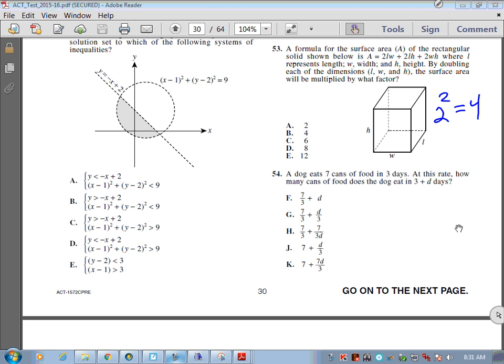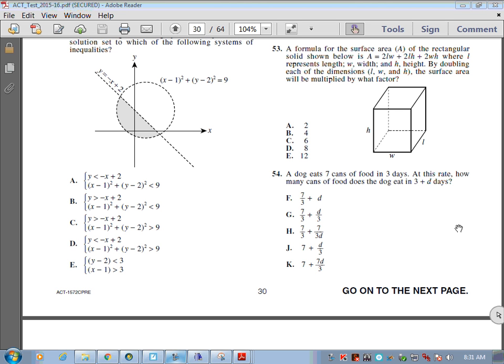The other way to do that is that you could have given each of these a number. You could have plugged in numbers, and a rectangular solid could very easily have been a cube.